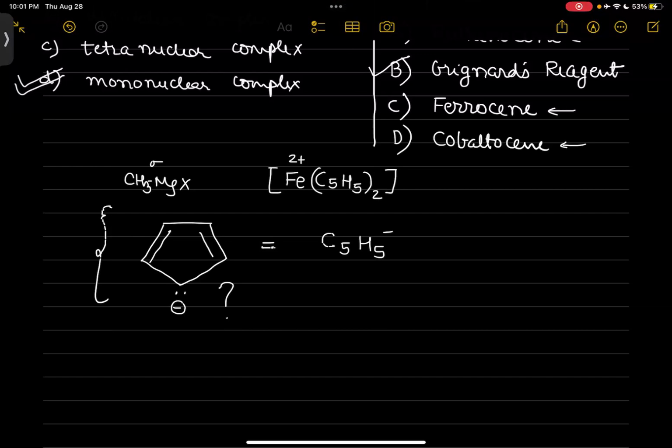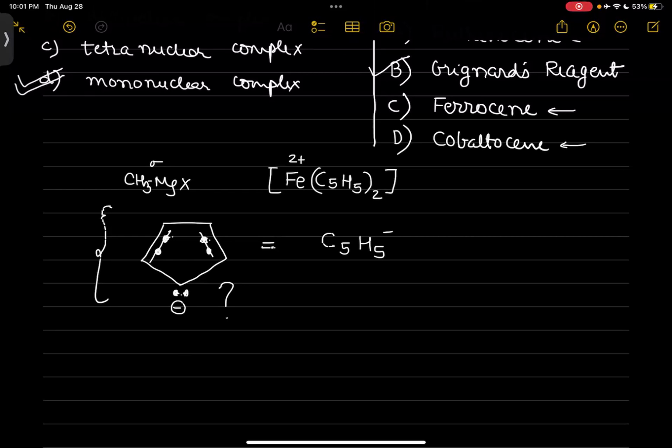And can you tell me how many electrons are there in the ring? Total number of electrons. Let me count it. So we have 1, 2, 3, and 4, and 6 cyclic electrons. Got it? So they are going to move like benzene. So this is an aromatic compound, just like the benzene.